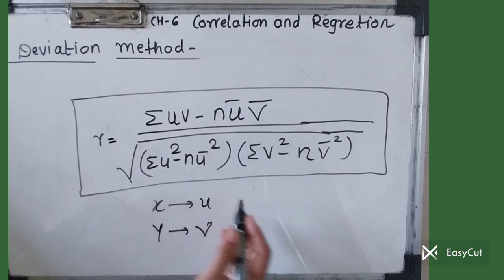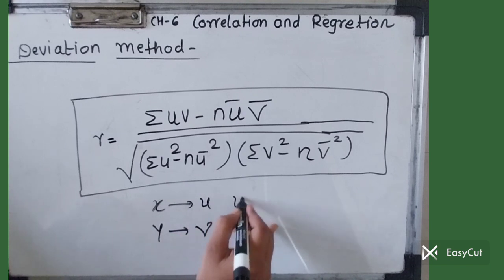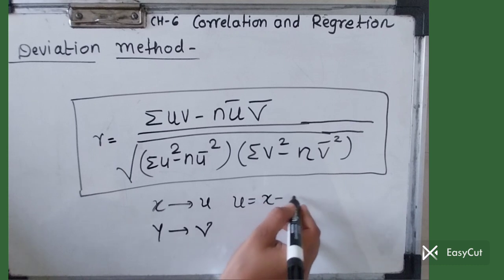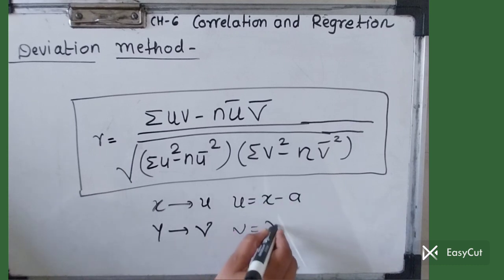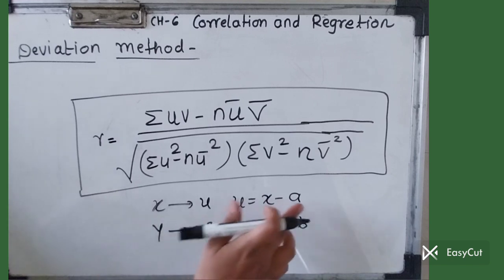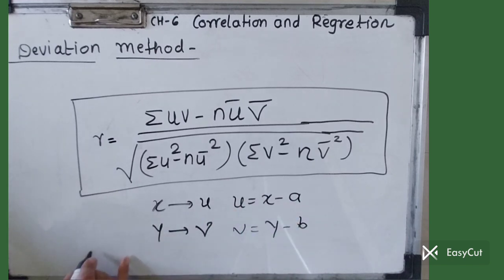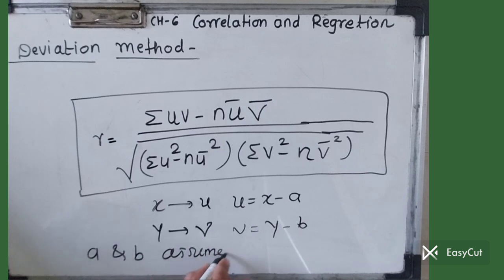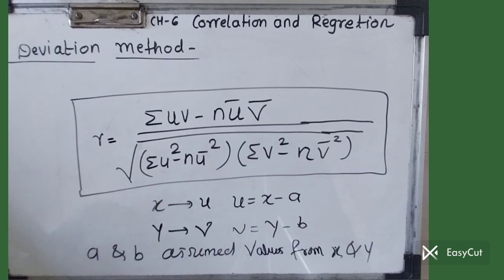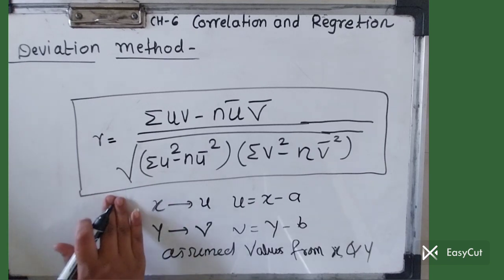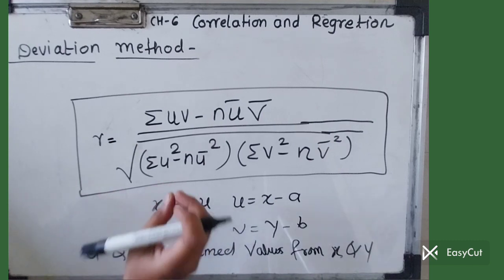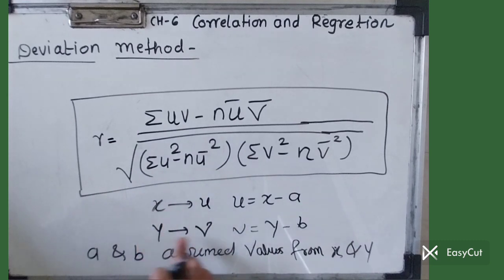I just told you what u is. U is x minus a and v is y minus b, where a and b are assumed values. This is the formula for the deviation method. No change in the formula, just replace x by u and y by v.